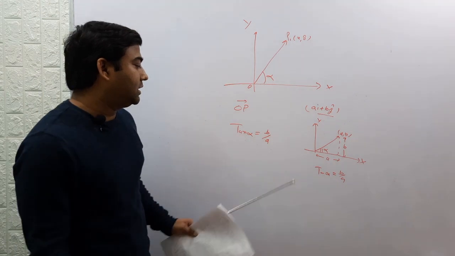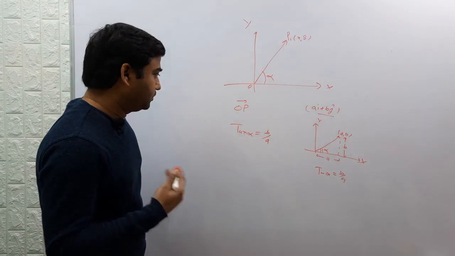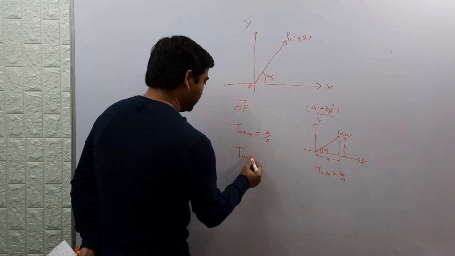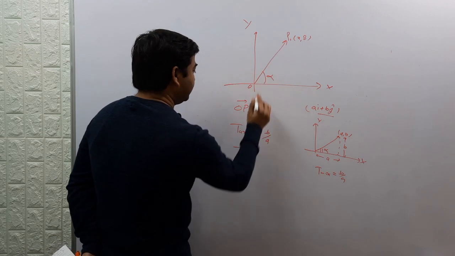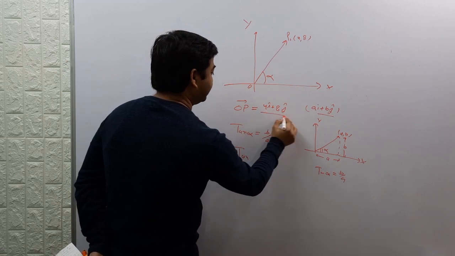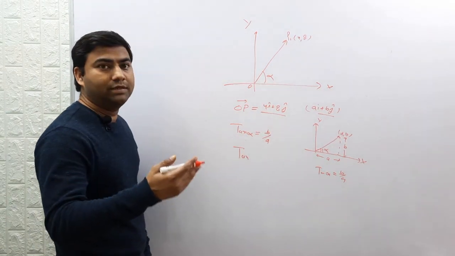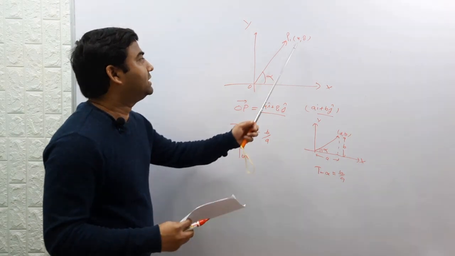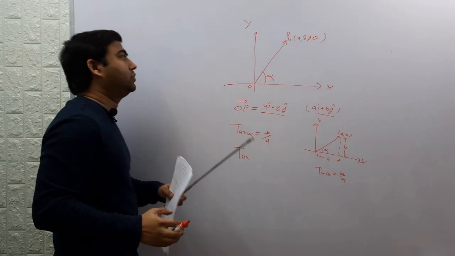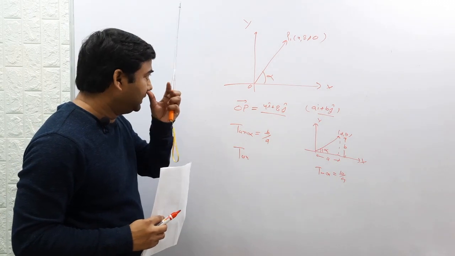This is x-axis and this is y-axis. So from this triangle you can find tan alpha is equal to B by A. So this formula is generally used to find the direction of a vector in 2-dimensional problems. So in this case vector OP is 4i plus 8j. As we have discussed, for a general point x, y, z, the vector is xi, yj, zk. So this point is 4, 8 and let us say 0 for the z axis; we have taken z as 0 to understand it in a 2-dimensional plane.